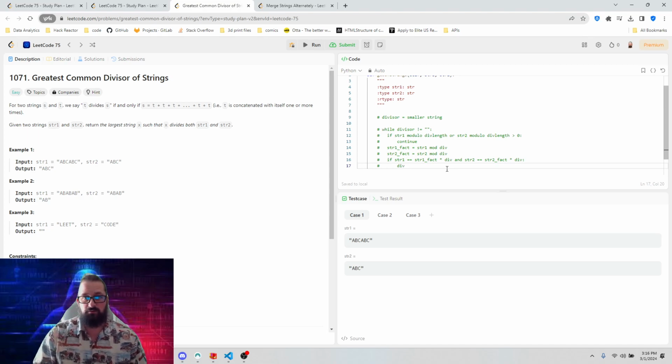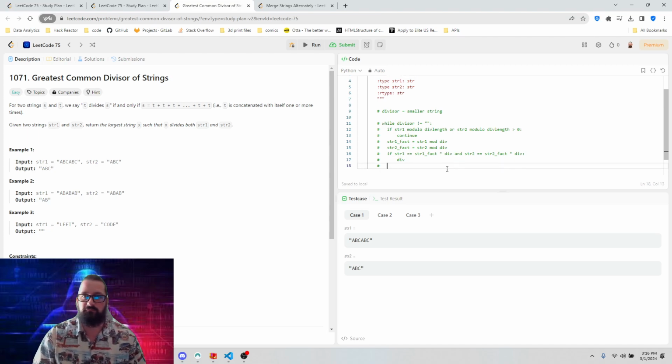If those are not good, then we want a shorter div. So div equals, I should be able to cut it off from the end, I think.